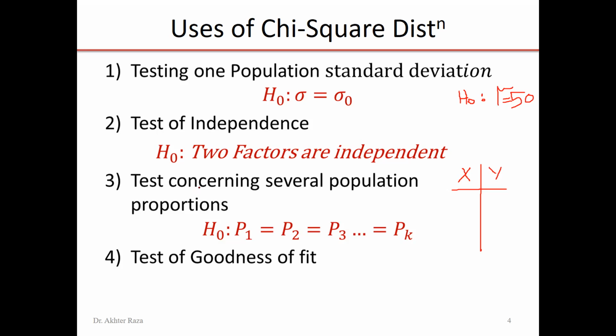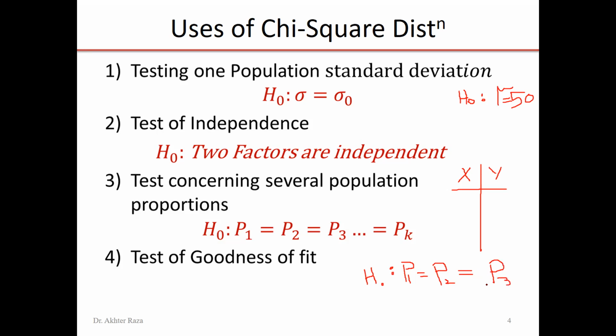The third usage of chi-square distribution is the equality of several population proportions. If you want to compare proportion 1, proportion 2, suppose there are several soft drink companies, and H naught is the proportion of soft drink users of company 1 is the same as the proportion of soft drink users of company 2 and is equal to the proportion of soft drink users of company 3.